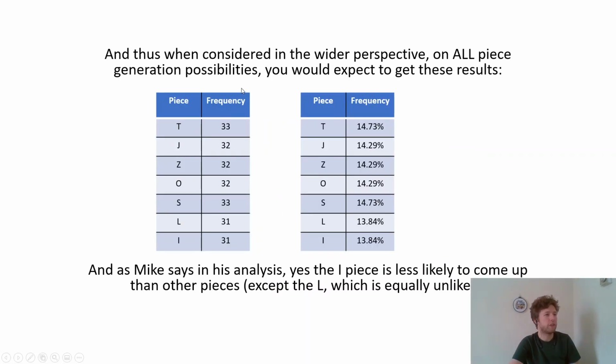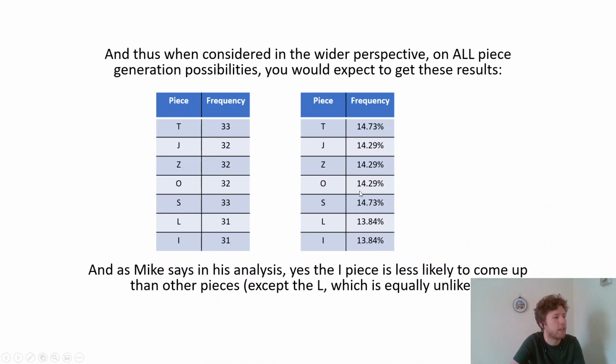So when we actually look at the full scenario, a quarter of the time you do the reroll, the other 3/4 of the time you don't, you end up with this frequency. And so instead of all of the pieces appearing the exact same amount of the time, you end up with these very slight differences.